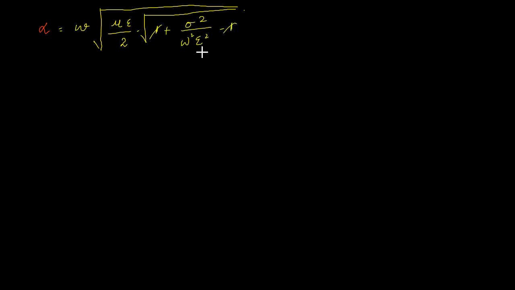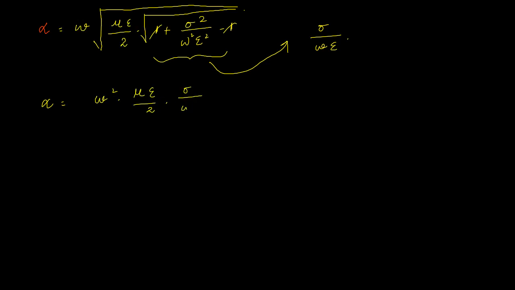Taking this term, it becomes sigma by omega epsilon. So alpha becomes, if I take this omega inside, omega square mu epsilon by 2 times sigma by omega epsilon. Now here omega gets cancelled, epsilon gets cancelled, and this becomes sigma mu omega by 2.